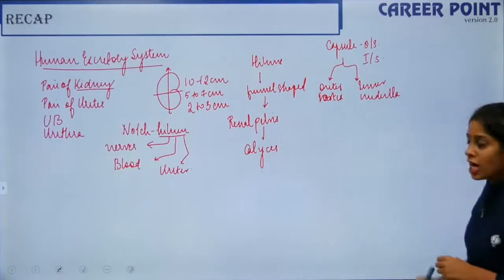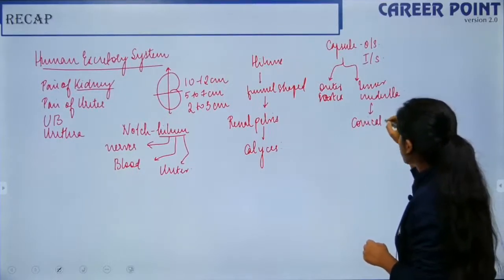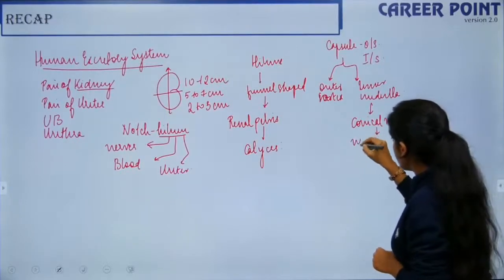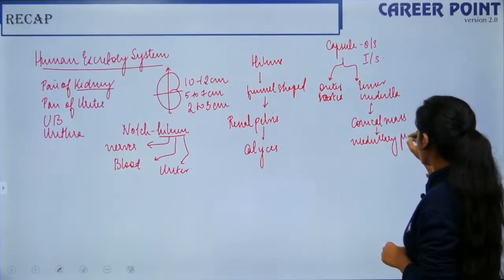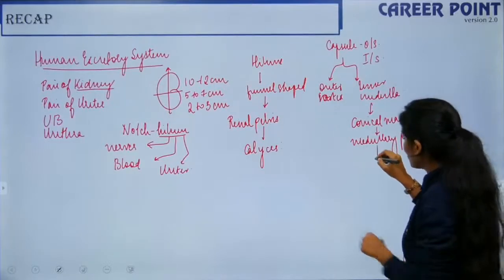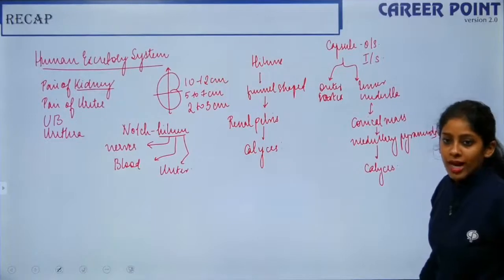The medulla opens into conical masses, which is known as medullary pyramids, which project through these calyces. Right?